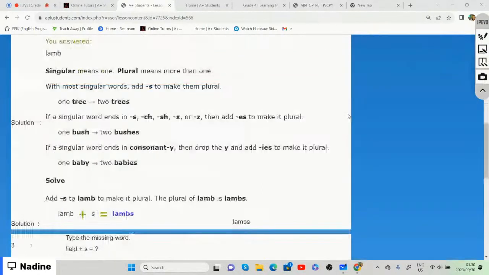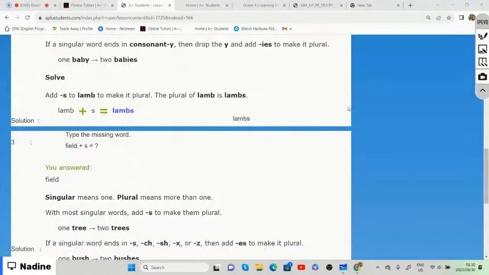Field plus s. If you're working in the field, one field.